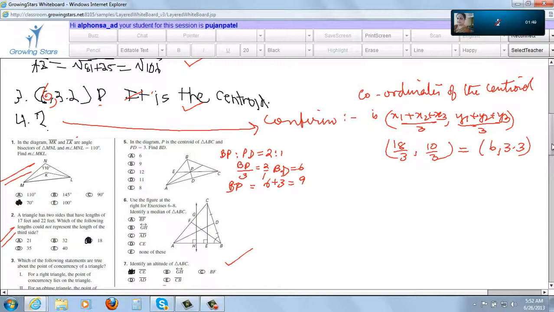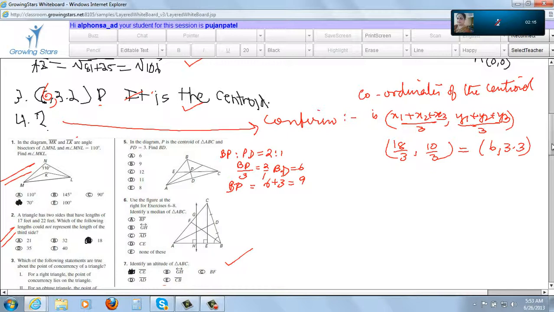A, B, and C. Just let me check the figure. A is 0, 0, B is 6, 8, and C is 12, 2. Okay, so let me put A here. Can you see where I'm writing? C is 12, 2, and B is 6, 8.